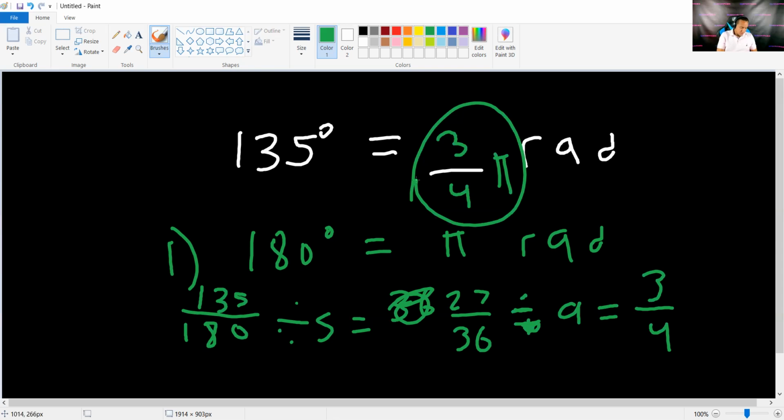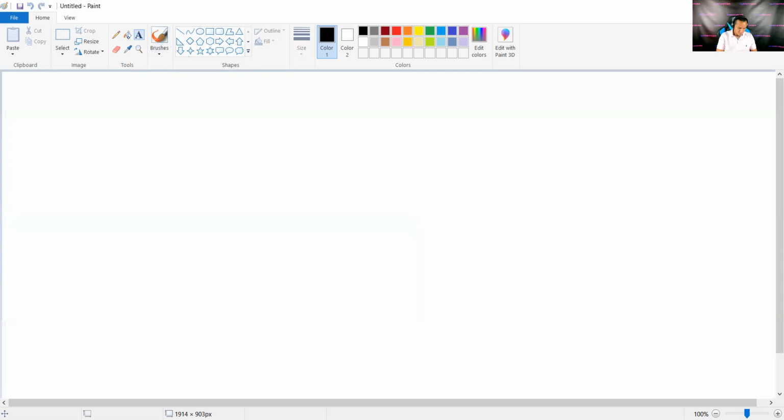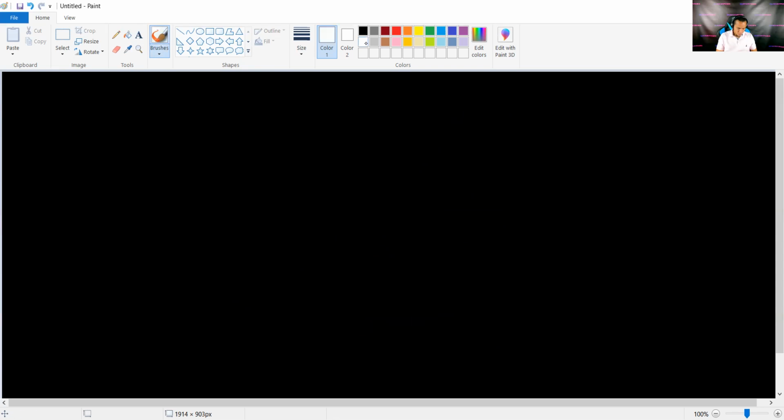Now let me show you maybe a less complicated way of converting. So let's say that we have 70 degrees and you want to convert that to radians.